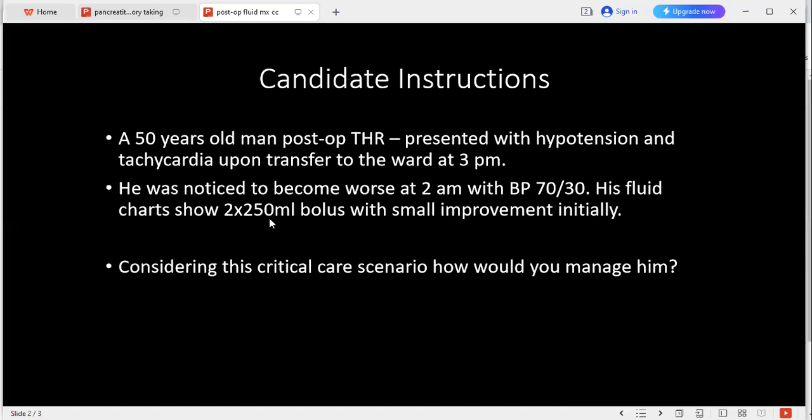To increase the intravascular volume of the patient, to increase the blood pressure of the patient, and it is a post-operative case. To increase the cardiac output of the patient. Cardiac output, all right. How would you calculate the blood pressure? Blood pressure is a product of stroke volume and heart rate.